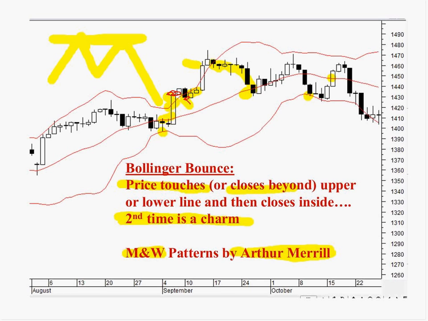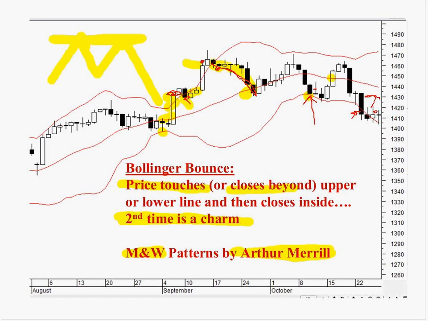Close outside the second time, close within, but second time's a charm. The idea: touch the band here, closed above, then that's a signal that it's going to go back up. All right? The second time's the charm.